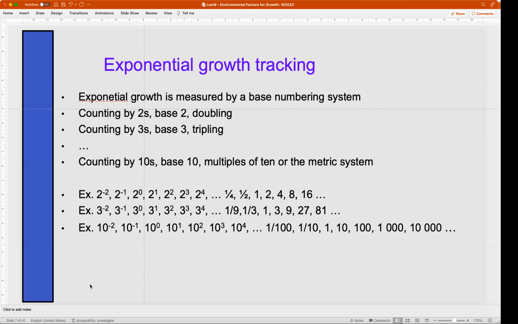Then there's this idea of exponential doubling. So there's different base systems. You could have base 2 numbers, base 3 numbers, base 4, base 8, just whatever number you want. That could be your base system. I was reading someplace a little while ago that, I don't know, was it Assyrians or Phoenicians?